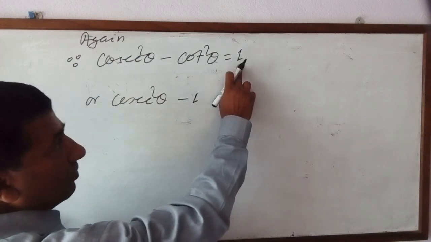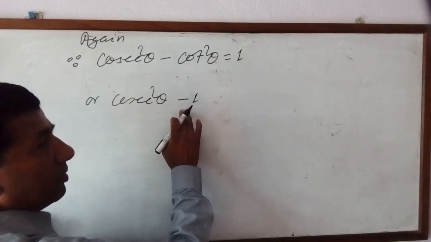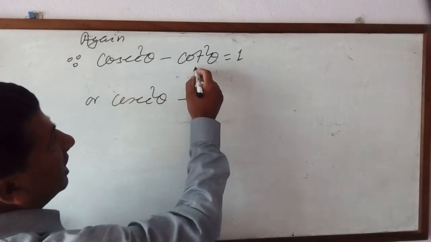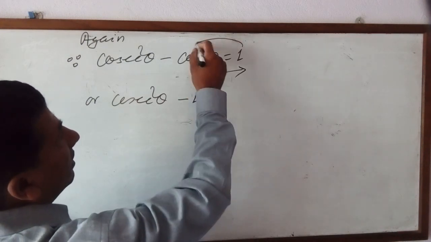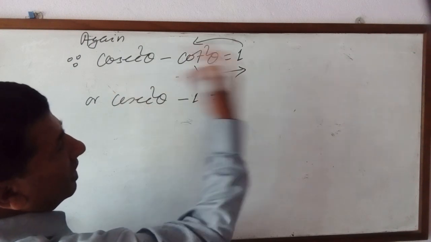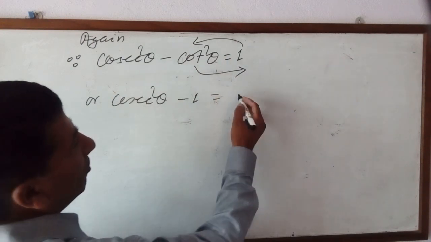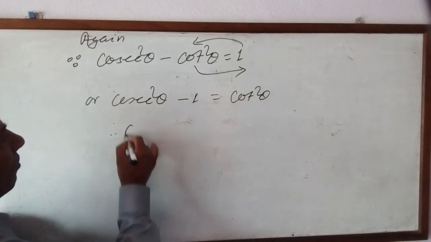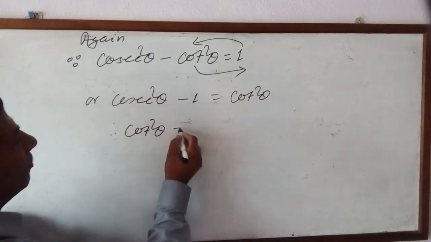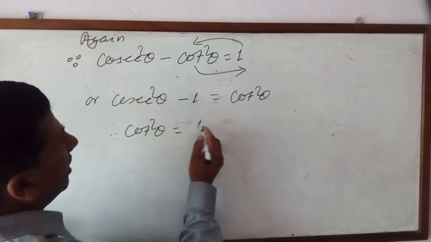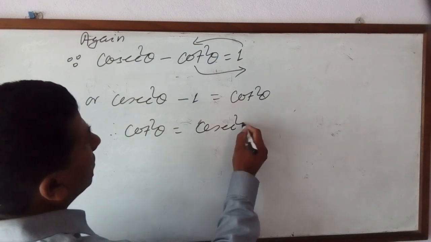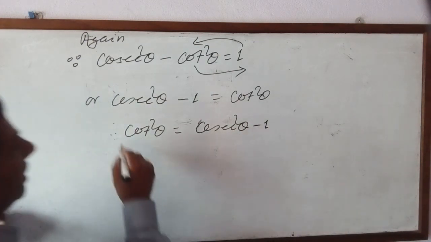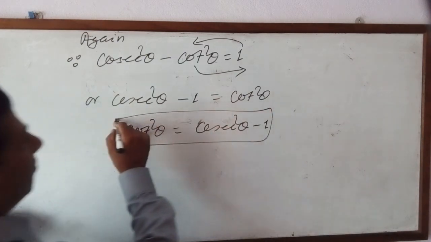When it comes this side, left hand side, it will be negative, and they change sides. Bring this one this side, cot square that side. When it goes that side, it will be positive. Therefore, cot square theta equals cosec square theta minus 1. This is also a formula.